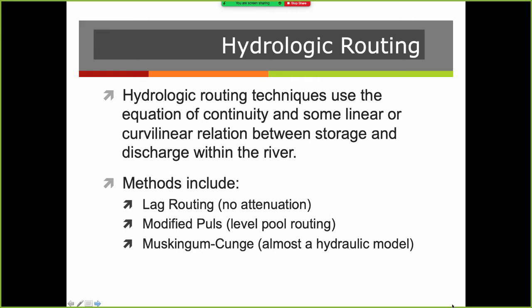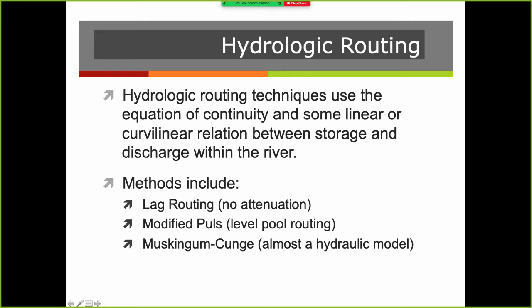And usually we use a curvilinear relationship based on the previous outflow. Essentially, we can figure out what the storage is. And that introduces several methods that can be used to route hydrographs. One is called lag routing, another is modified Puls, or I call it level pool routing. A third is Muskingum-Cunge, and there are a few more that are hydrologic models.